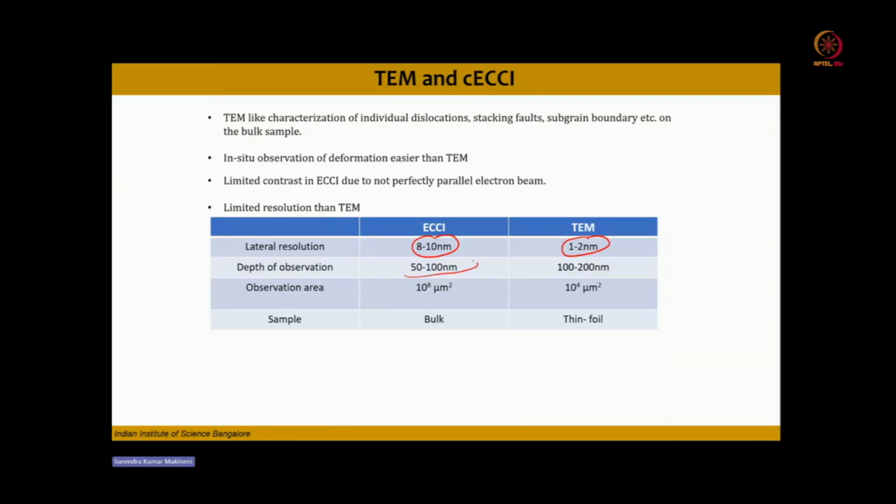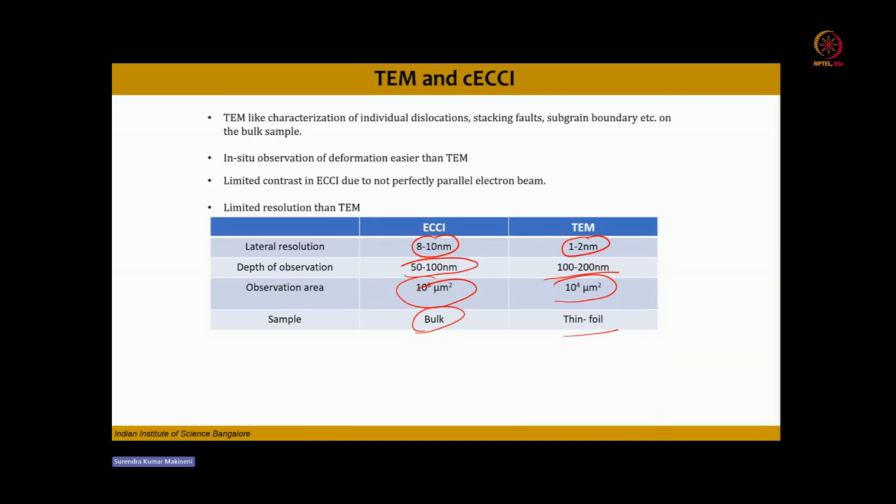Depth of observation is 50 to 100 nanometers for ECCI, and 100 to 200 for TEM. But the observation area is much, much higher than in TEM samples, 4 orders of magnitude higher. The samples can be bulk samples, whereas for TEM you have to use thin films. Okay, so this is the difference between TEM and ECCI.